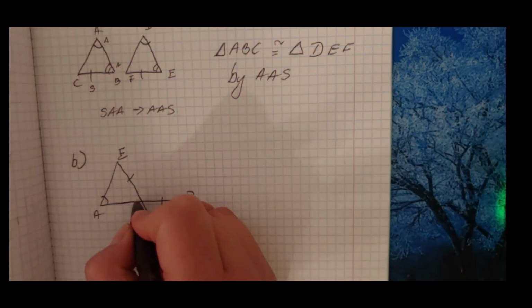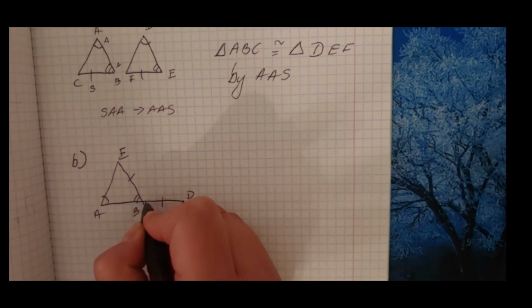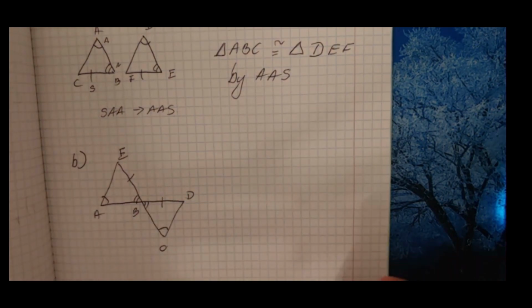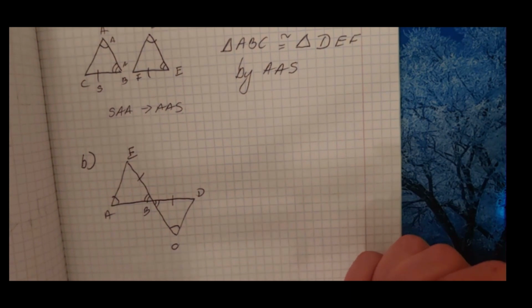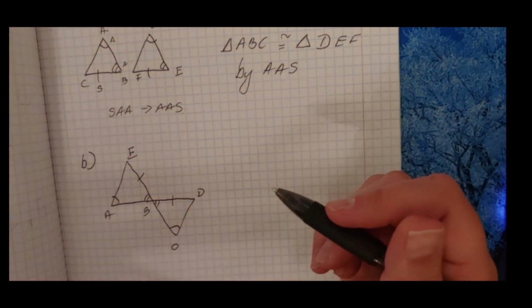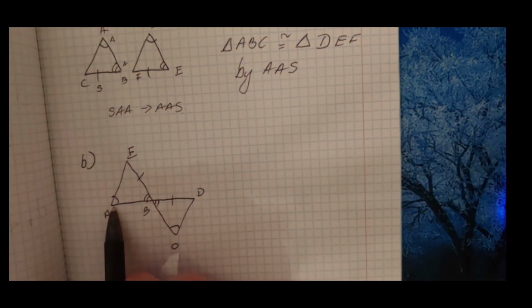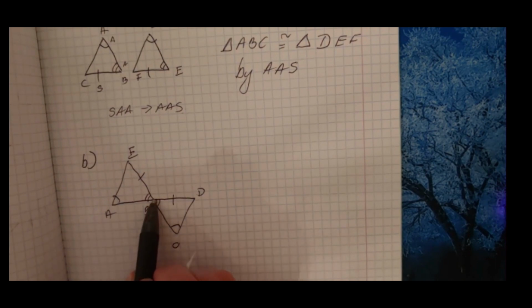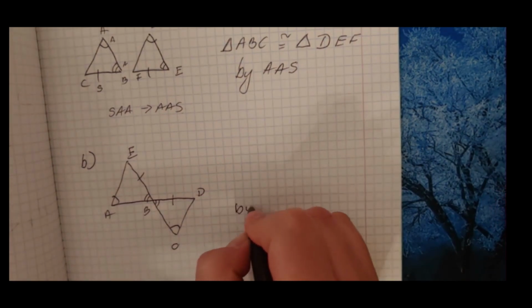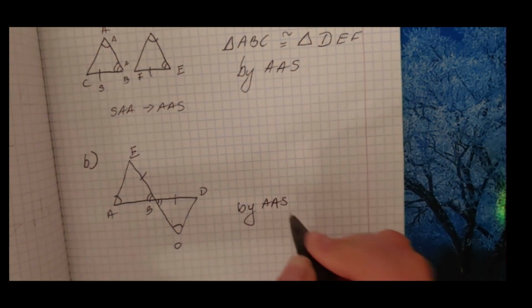But what I see is vertical angles, which I can mark myself, because I know that vertical angles are congruent. And now this triangle becomes angle is given, and a side. So that's angle, side. Angle is given, a side, angle, side. So they are congruent by angle, angle, side.